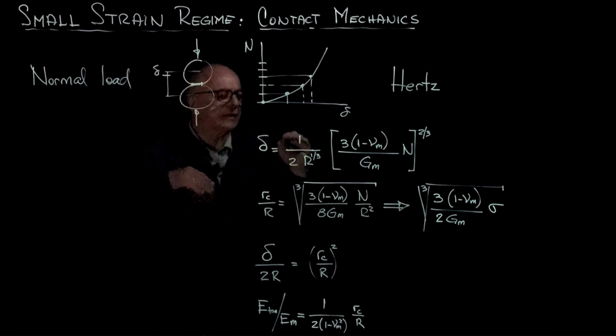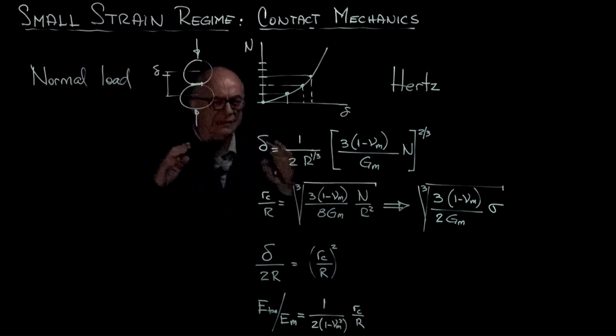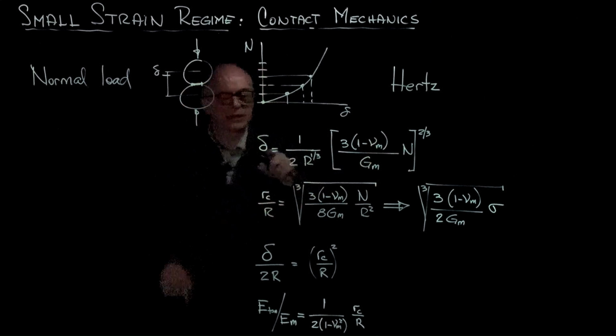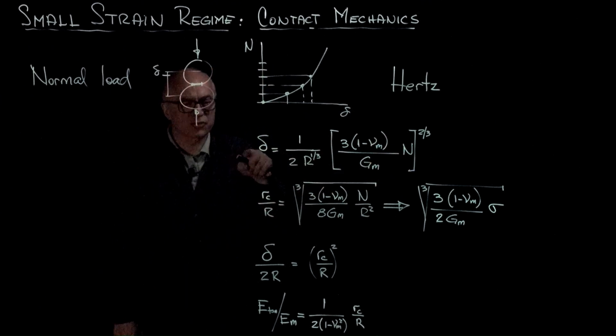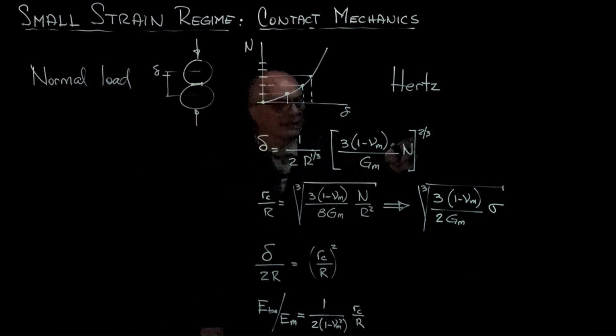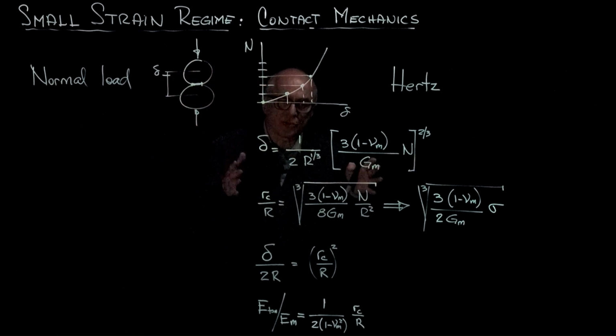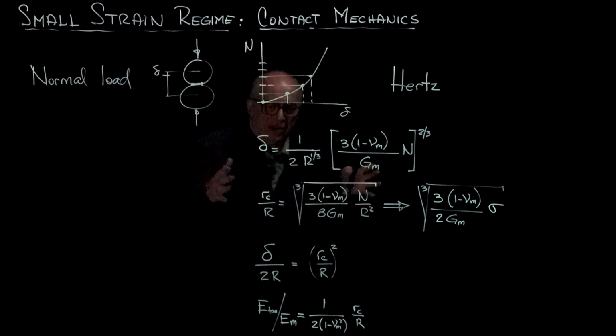Notice that I could push this transition from the particle scale to the macro scale by relating the strain as delta over 2 radius, and by relating the normal force to the stress by distributing that normal force over the equivalent area of a particle, not just the cross-sectional area.